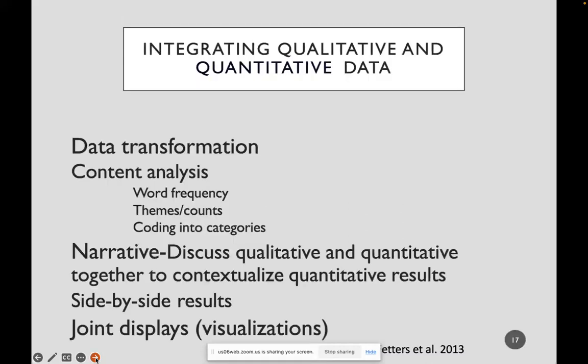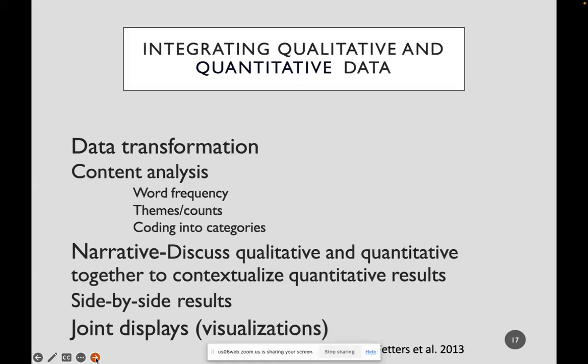So there's a few ways to integrate qualitative and quantitative data. The first is data transformation, where you are taking community narrative, and I'm going to do this from the qualitative aspect because I think it's a little easier for social scientists like me to understand.